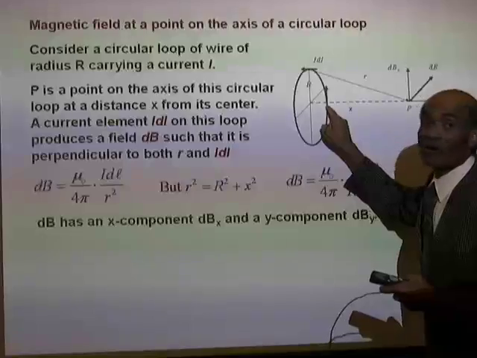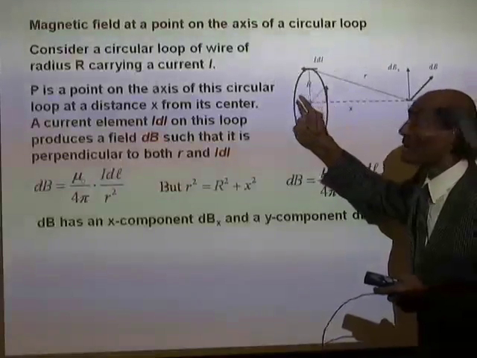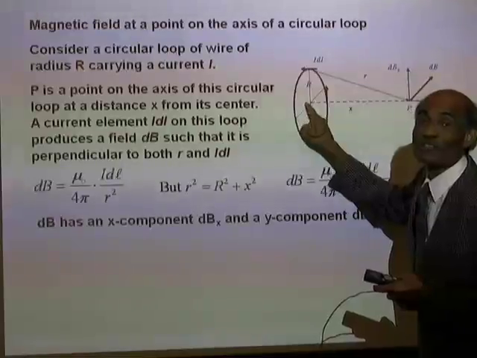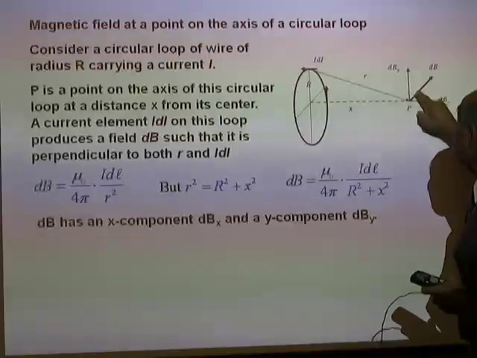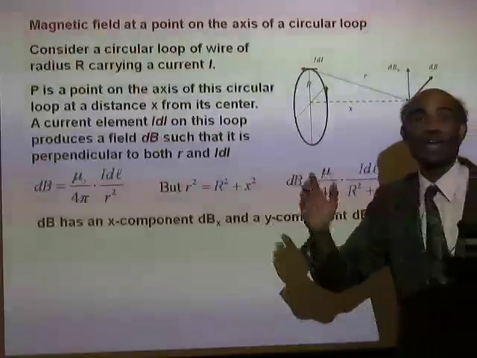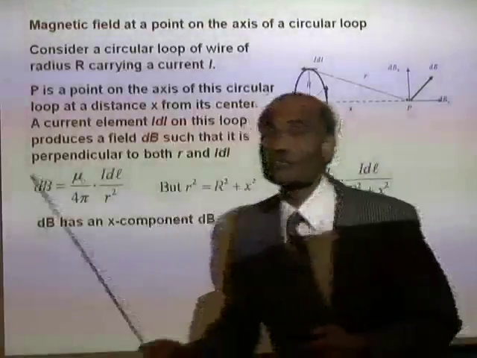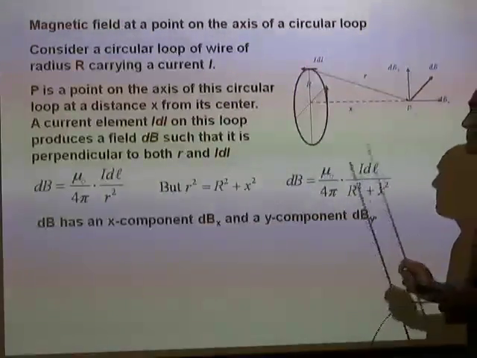For each current element, there is a corresponding element diametrically opposite, so that the y component of dB will all cancel. That means only the x component will survive.